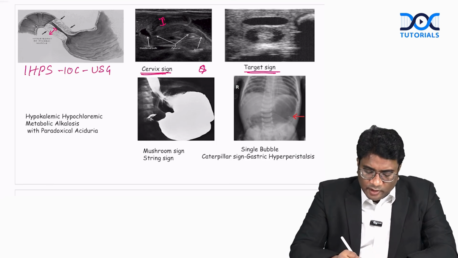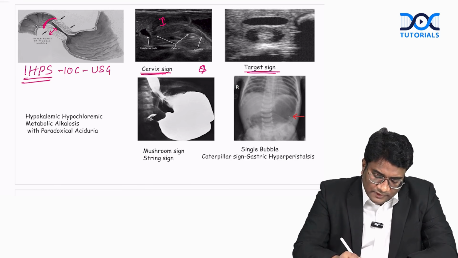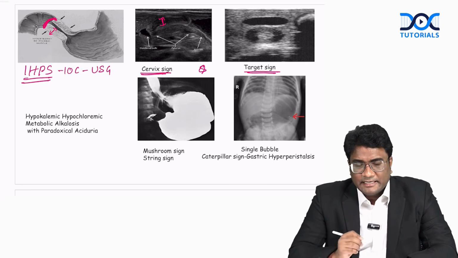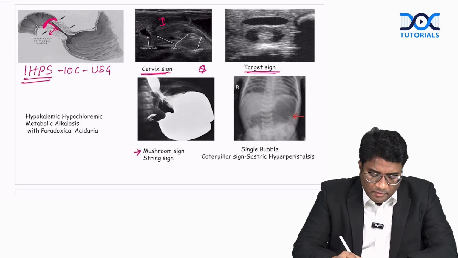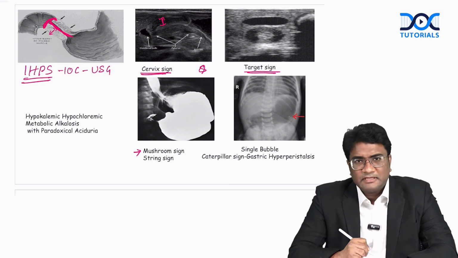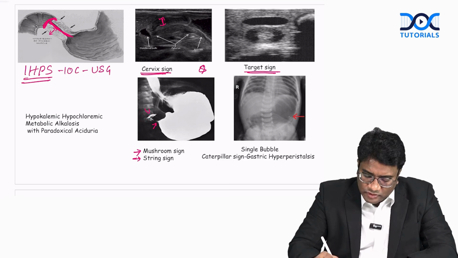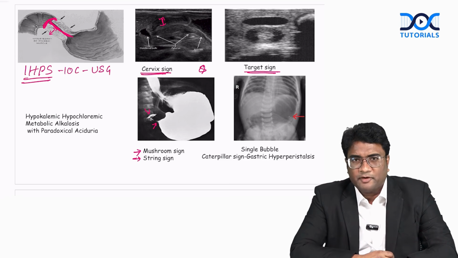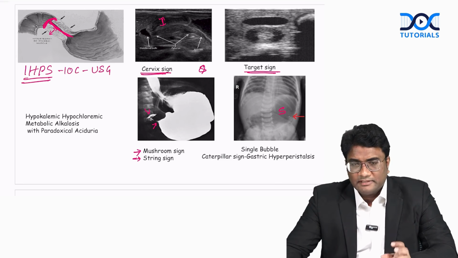Idiopathic hypertrophic pyloric stenosis on the barium study shows you the first part of the duodenum with an indentation appearing like a mushroom sign, and the thin column of barium between the thick pylorus appears like a string sign. On an abdominal radiograph, you see a single bubble of the dilated stomach because of the pyloric hypertrophy.